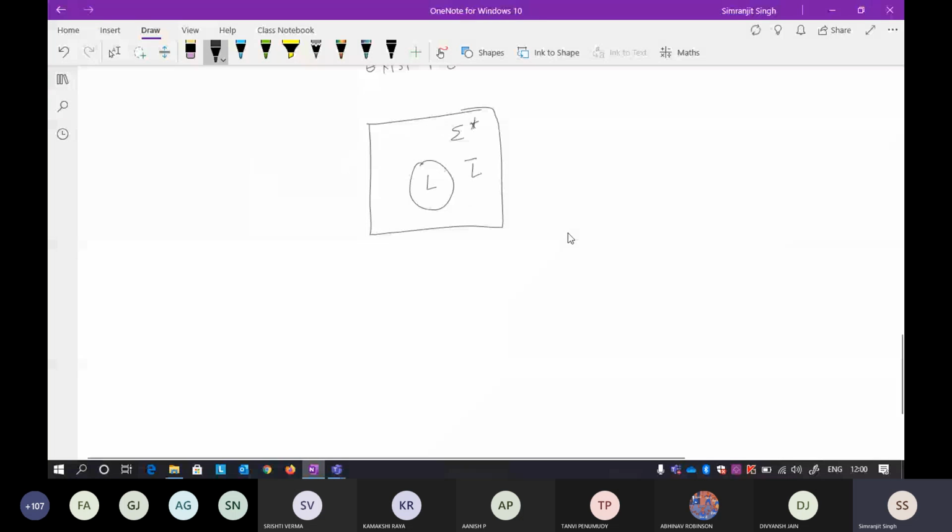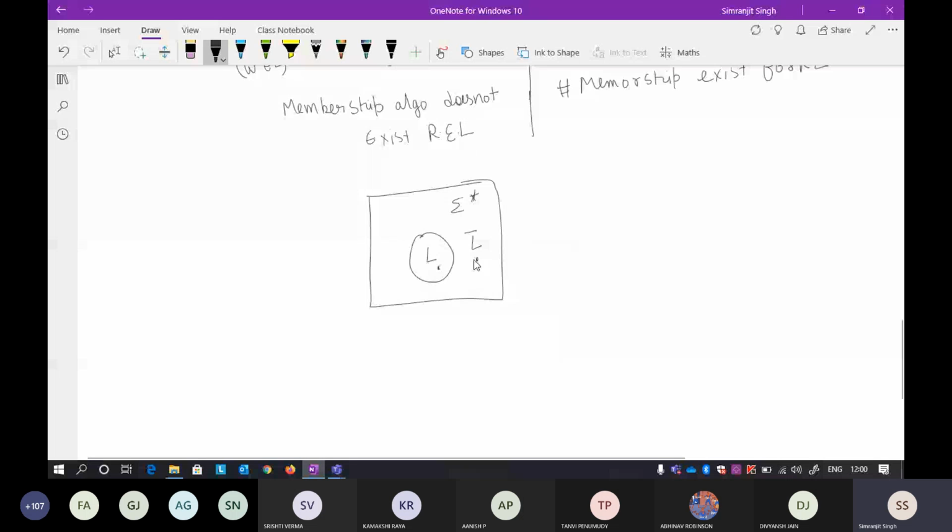Now look at the statement. It is saying that if a language L and its complement are both recursively enumerable, so L as well as L complement is recursively enumerable. What it means is that if I take a language L and give it to a Turing machine, if the particular string is in the language, it will say yes.